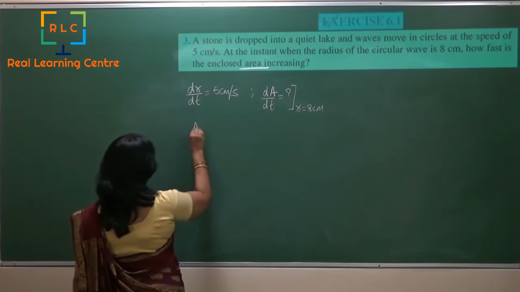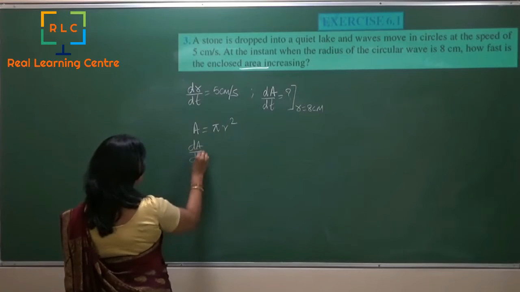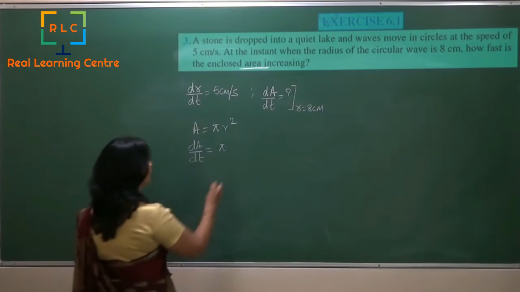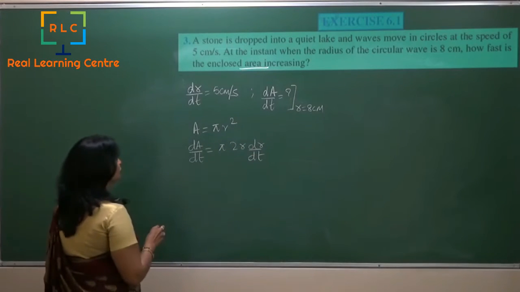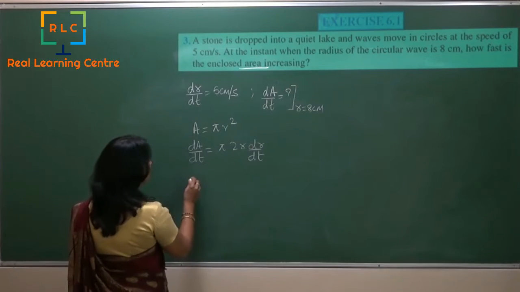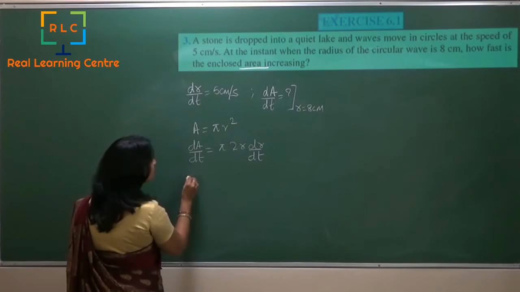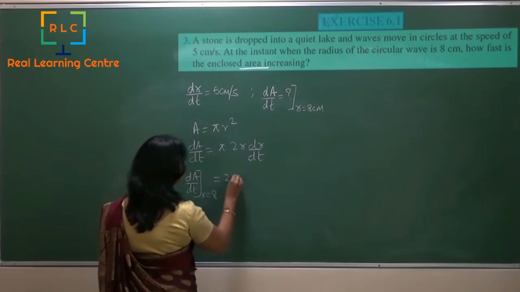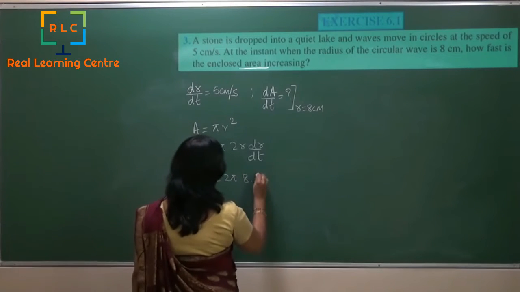We'll start off with the area of the circle formula. A is equal to pi r square. dA by dt is equal to pi into the derivative of r square with respect to time, which gives 2r into dr by dt. So now dA by dt when r is equal to 8 centimeter is equal to 2 pi into 8 into dr by dt, which is 5.